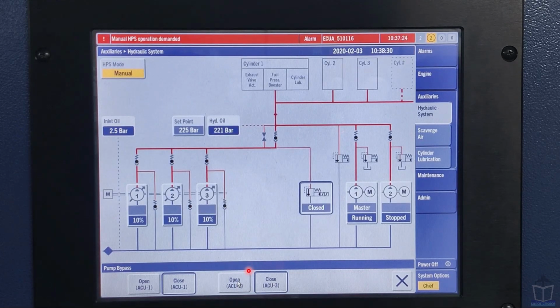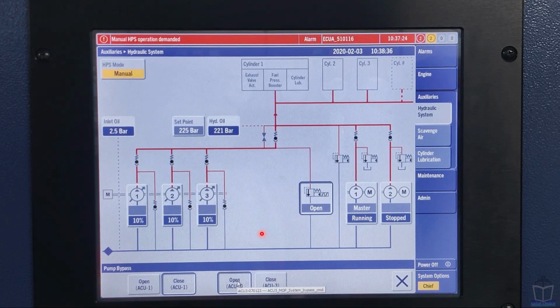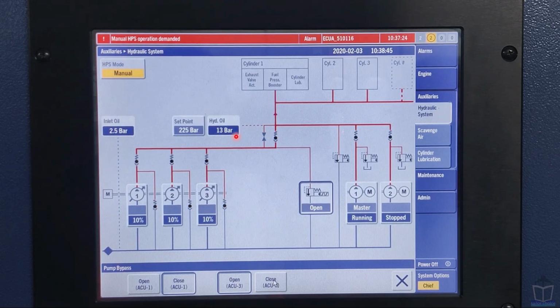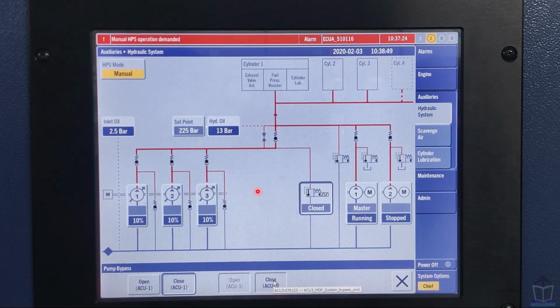Now check the same with SU3. Again pressure is falling. Now after clicking this close, pressure has started increasing.